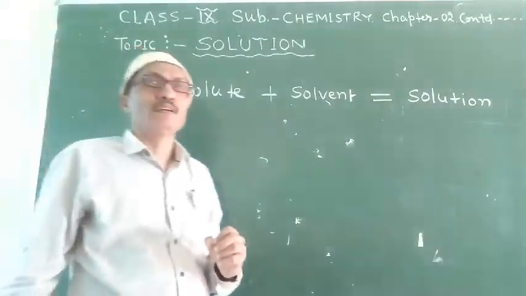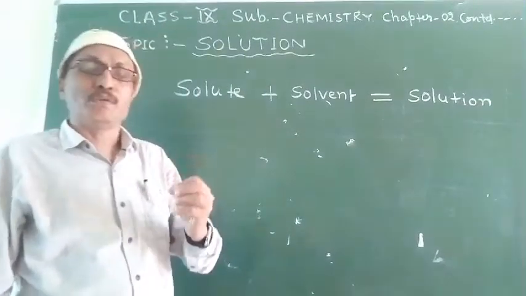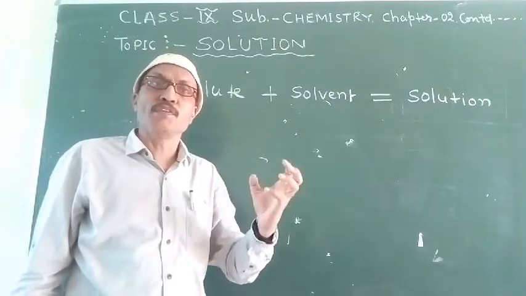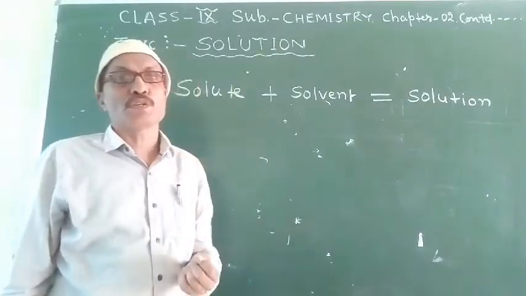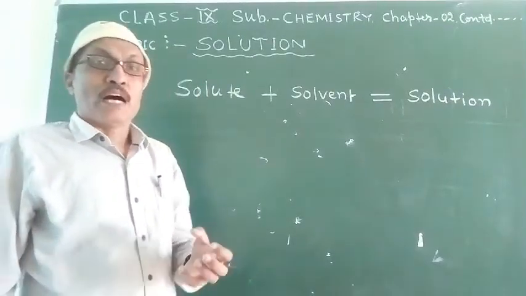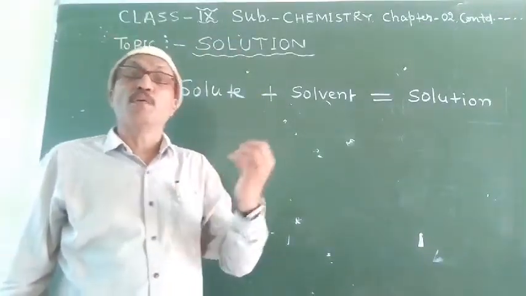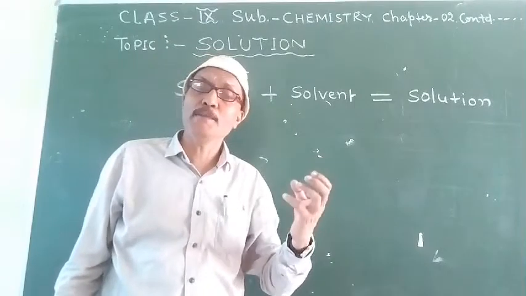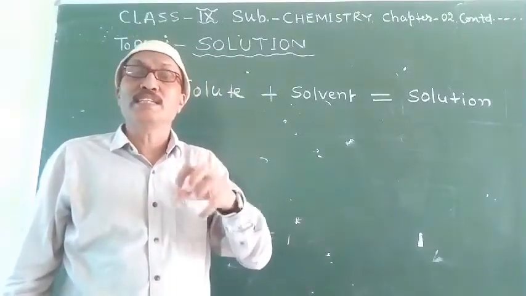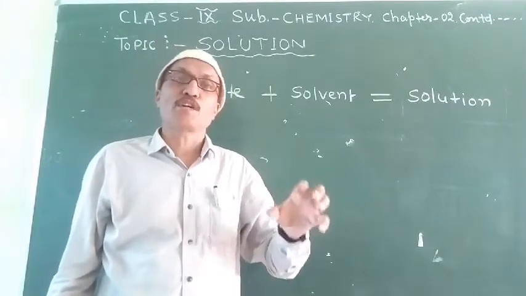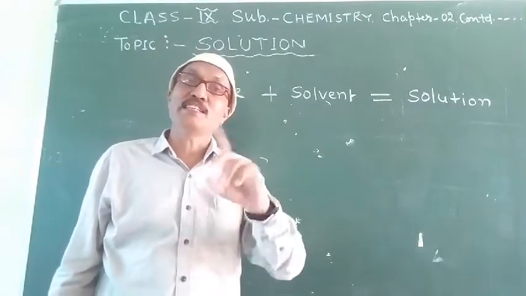For example, if I ask you what is solute and what is solvent in a sugar solution, absolutely you will say sugar is solute and water is solvent. Why? Because sugar is in lesser quantity and water is in larger quantity, and your answer is right.